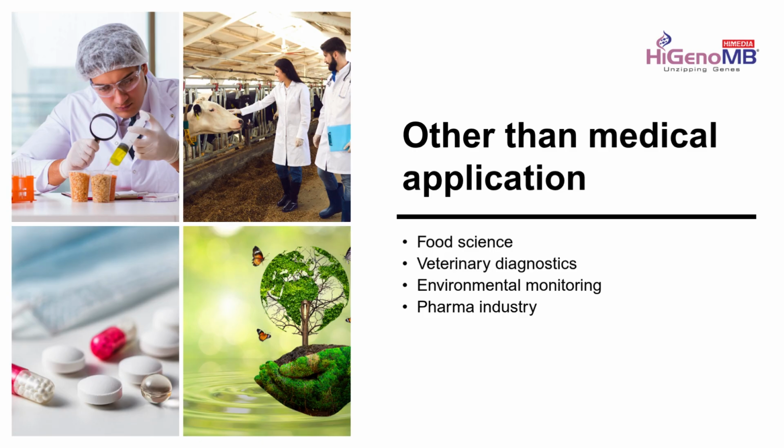To identify those food items where genetically modified food particles are used, PCR can be used. Apart from plants, animal and food, it is also used in veterinary diagnostics. And in the pharma industry, for environmental monitoring, PCR is one of the techniques to identify if there is any contamination.